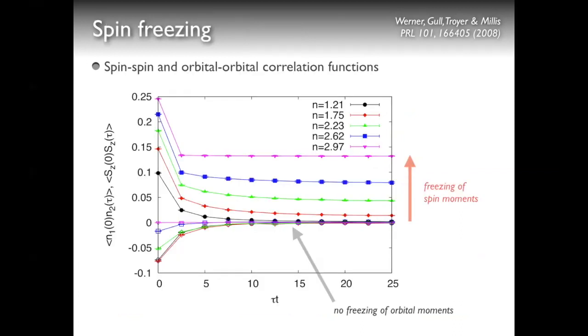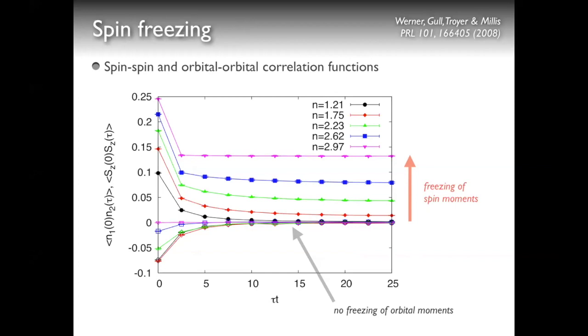The spin freezing itself is most clearly seen if we look at the spin-spin correlation function on the imaginary axis. The positive curves here show the spin-spin correlations, and the negative ones the orbital correlation functions. And you can see that for fixed interaction, as we increase the filling, we go from a Fermi liquid regime where the spin correlations decay like 1/tau squared to a regime where the spin correlations don't decay at all.